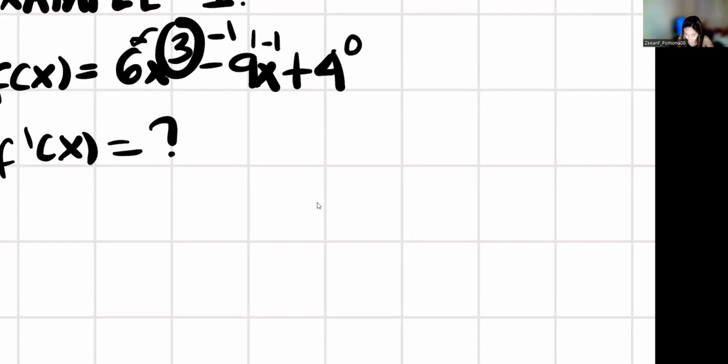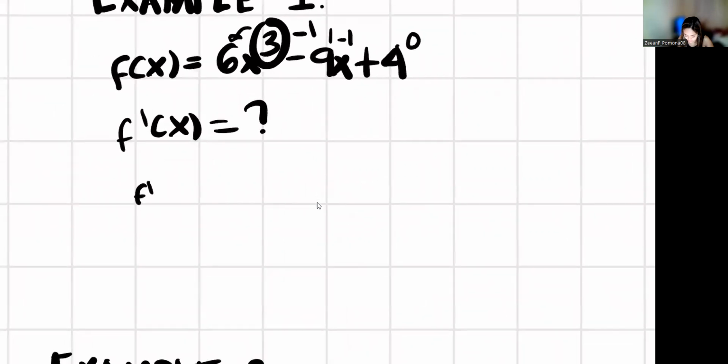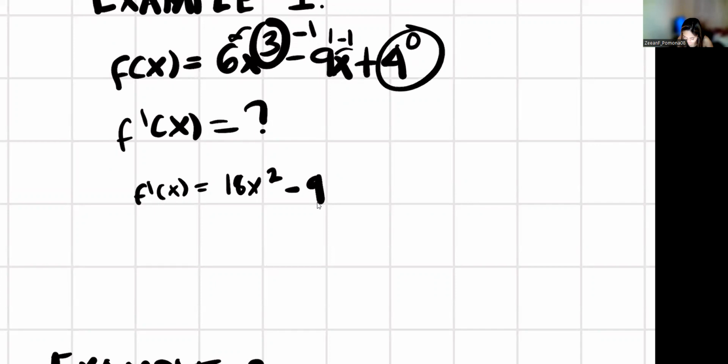So this would mean f prime of x is equal to 18x. So 3 minus 1 is 2, minus 9. Okay, Zian, what happened to the 4 and the x here?